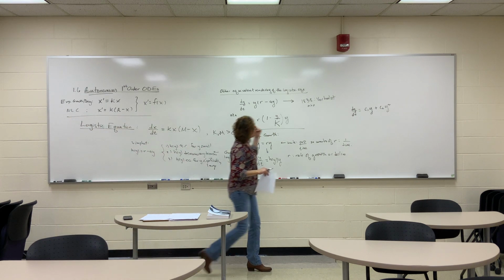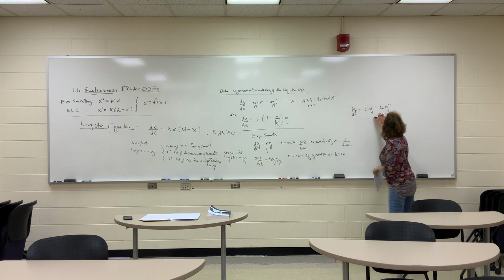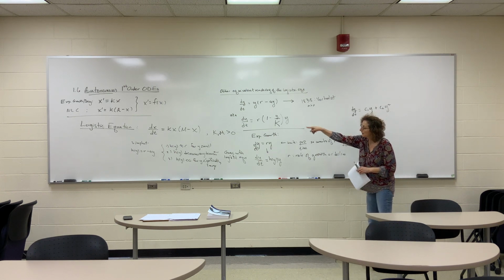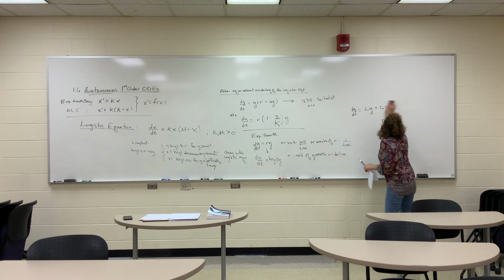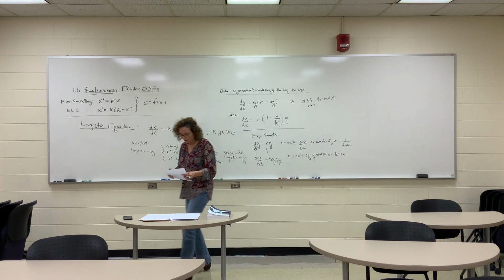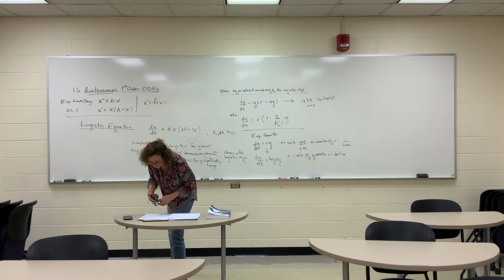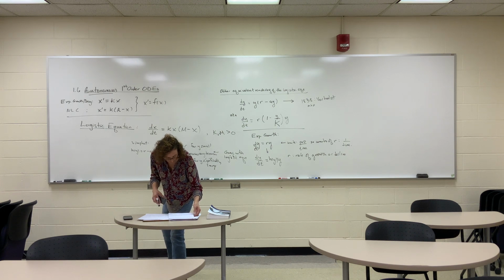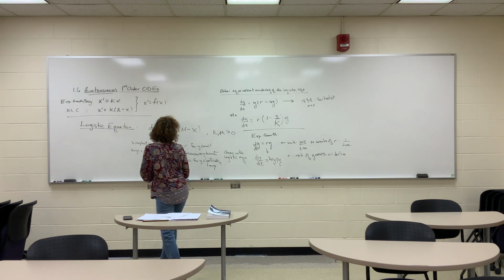It's not convenient to look at it this way. It's much more convenient to look at it in any of these other ways. Okay. So we're going to go back to the logistic equation that's in our book. We're going to look at it in this context.